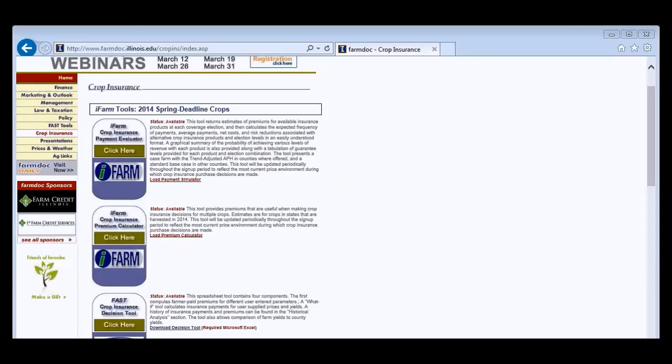You're now looking at the crop insurance decision tool. I'm going to go into the what-if section and go to Macon County, and I believe I had a 189 bushel yield.